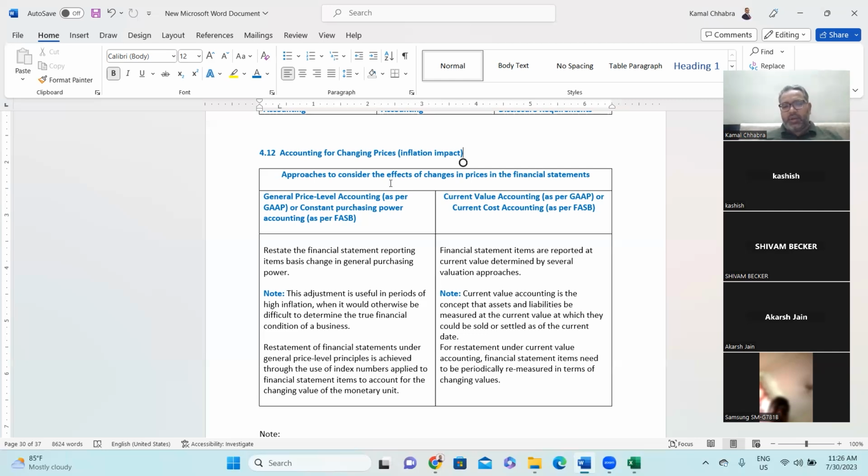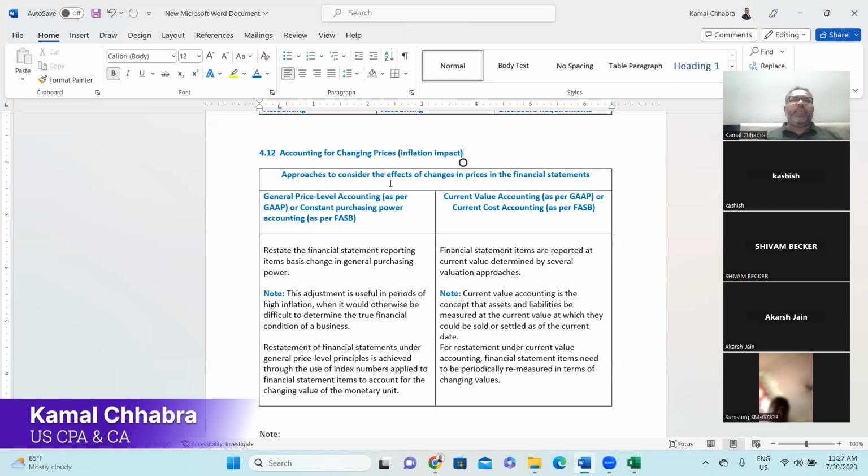For restatement under the current value accounting, financial statement items need to be periodically remeasured in terms of changing value. So if there is any change in value, then periodically you need to remeasure that to keep it at the current value. Current value means like today, if you are replacing anything, for example, you have a machinery and you want to replace it with a new machinery of the same model, what will be the value of the same?